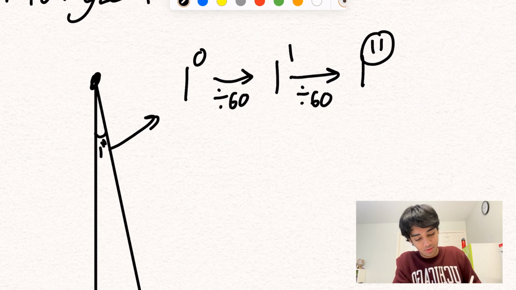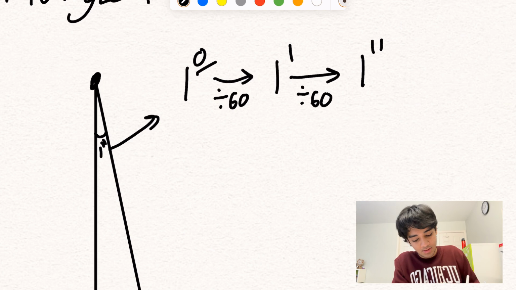So you'll see this showing up a lot. Just remember, this is degrees, this is arcminutes and arcseconds, and they come from dividing by 60 and dividing by 60 again.